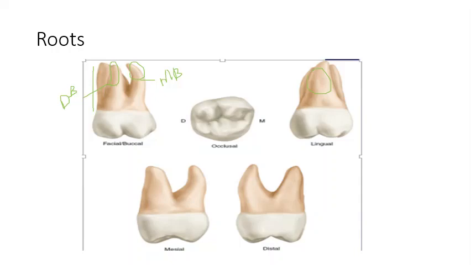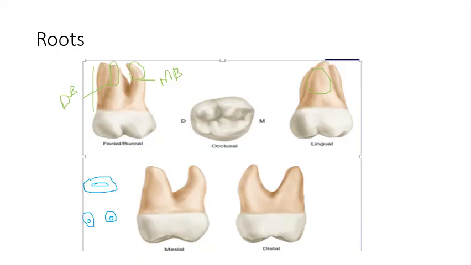If we do the cross section, in the cross section of the palatal root there is more mesiodistal dimension than the buccolingual dimension. Okay, and the other two roots are ovoid or circular in shape in section.